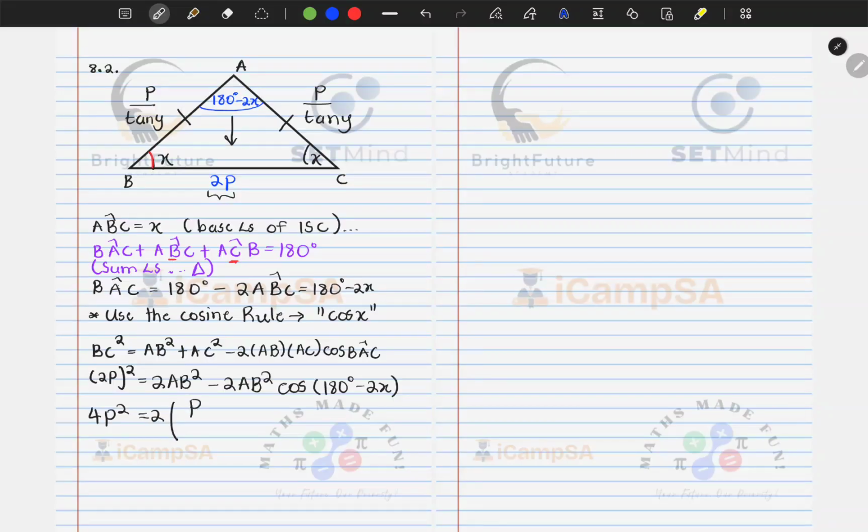If you look carefully, we did find it before. It is p over tan of y, and that is squared, minus 2 times, if you look carefully, p divided by tan of y all squared, and then cos of, by now you should know what is cos of 180 degrees minus 2x. Cos is negative in the second quadrant. So what this is going to amount to is negative cos of 2x.